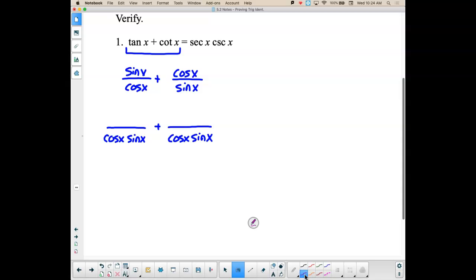Left fraction becomes what? Sine squared on top. Right fraction becomes what? Cosine squared on top.